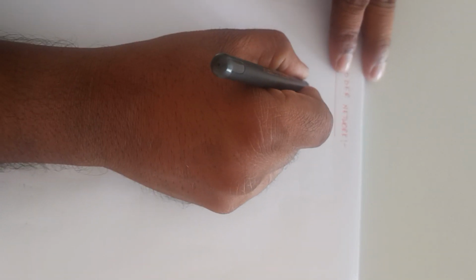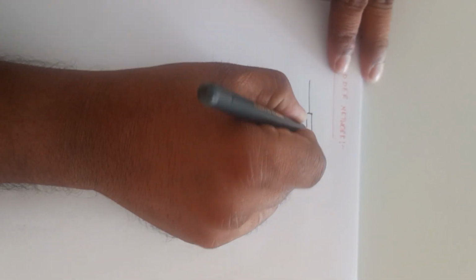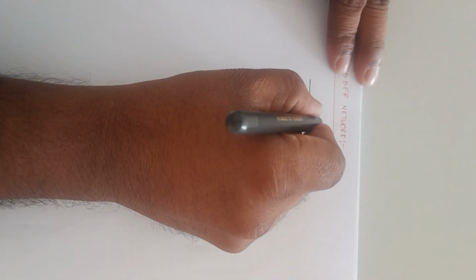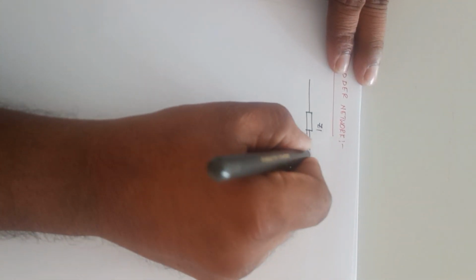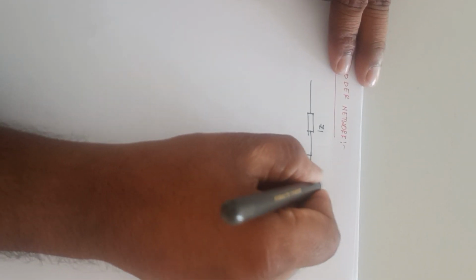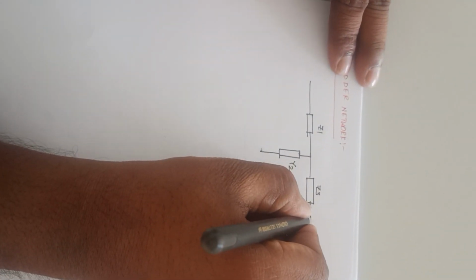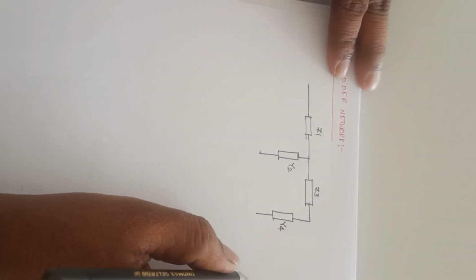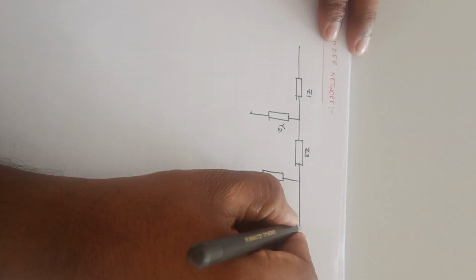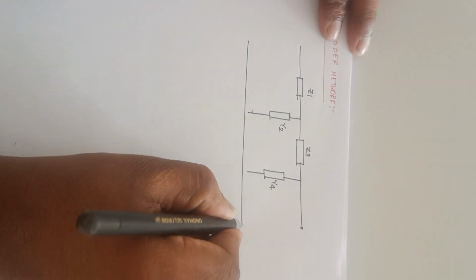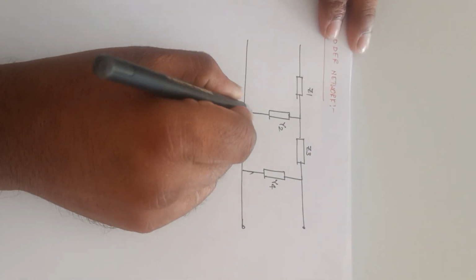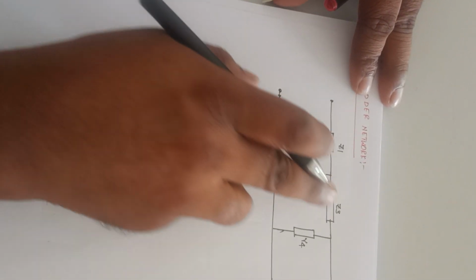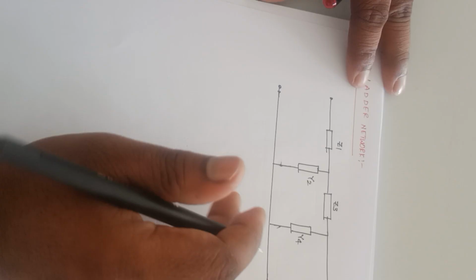So these ladder networks are normally Z1, Y2, Z3, Y4. So this is a ladder network. That means the same network will be repeated here in this form.